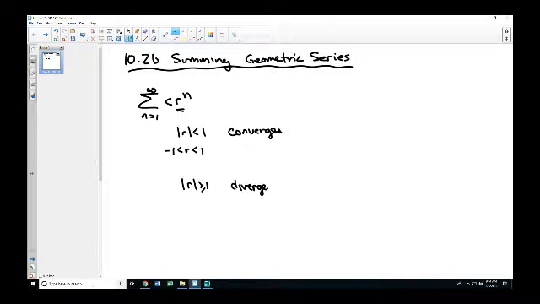Let's make this right here any number. So I change that to any number. It could be 0, 1, 2, 3, 4. Here's the neat thing about geometric series. We can actually calculate what that series converges to. This is the formula.